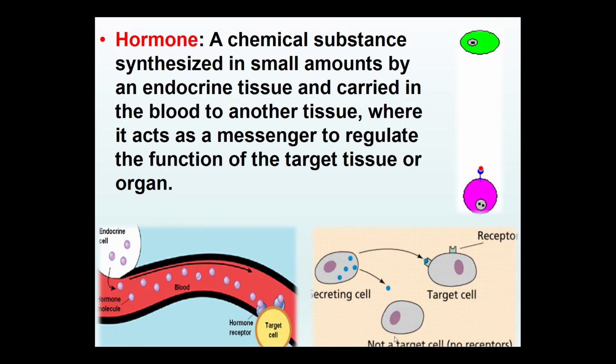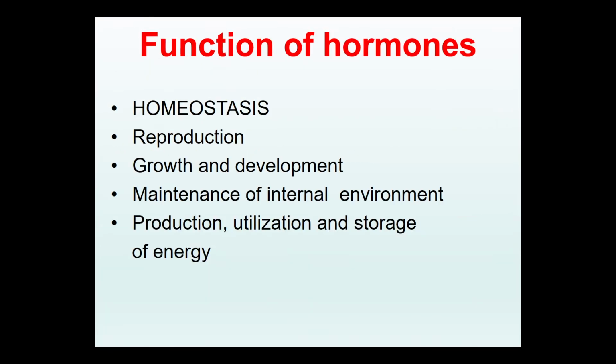If a cell has no receptor, it is not a target cell, and it can't respond to the hormone's action. Release of a hormone is regulated by other hormones, by nerve signals, and by signals from the target organs, indicating a decreased need for the stimulating hormones.